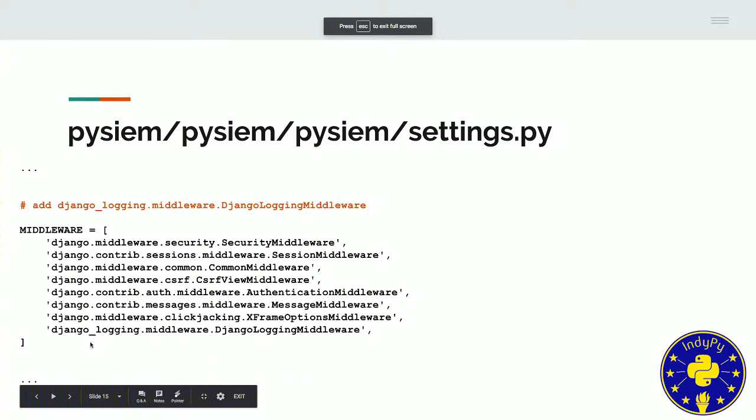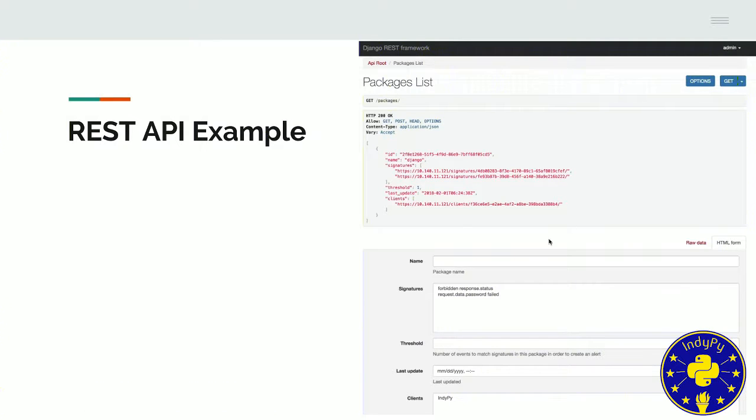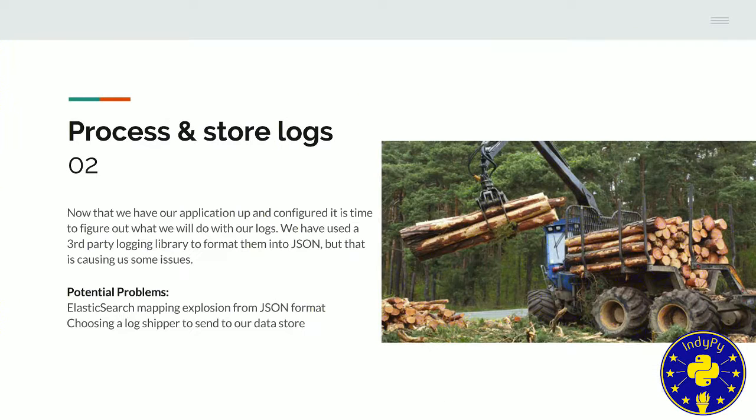And we have our Django logging middleware as well. So if we look at our RESTful endpoint, hey, look, I can get a 200 response, I can list my packages, I can see the dependencies for the signatures that are included in this package, and away we go.